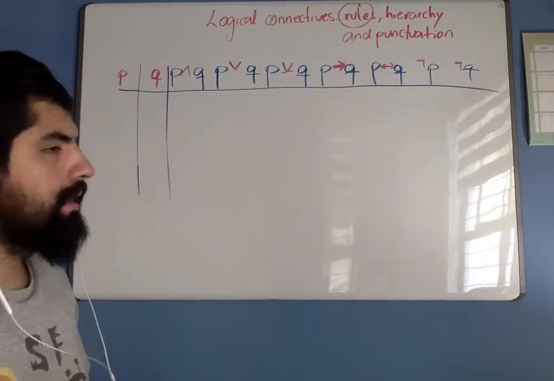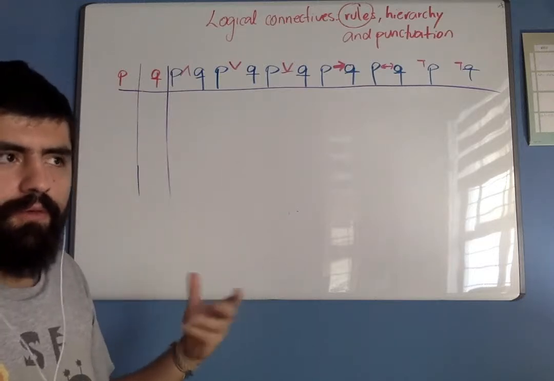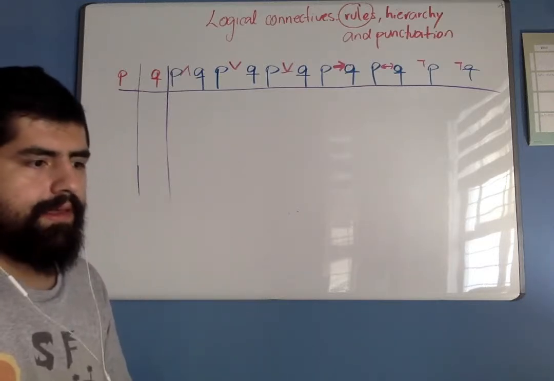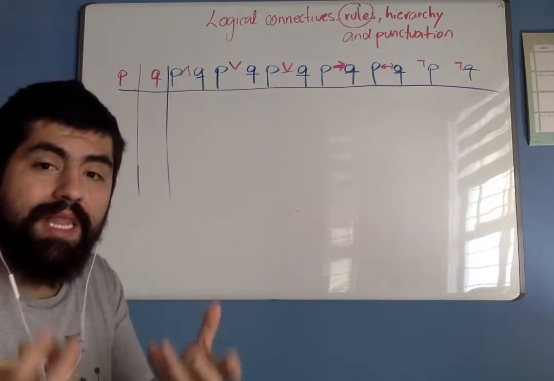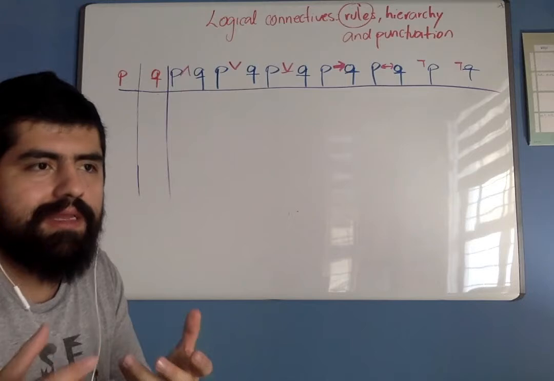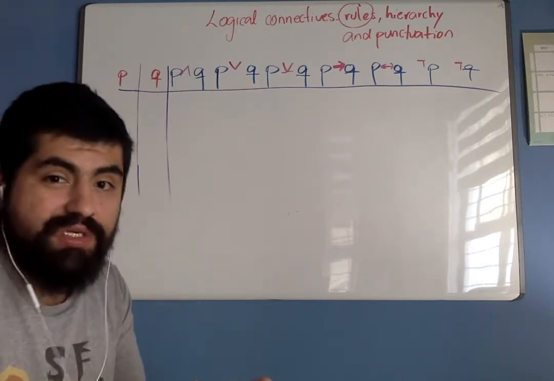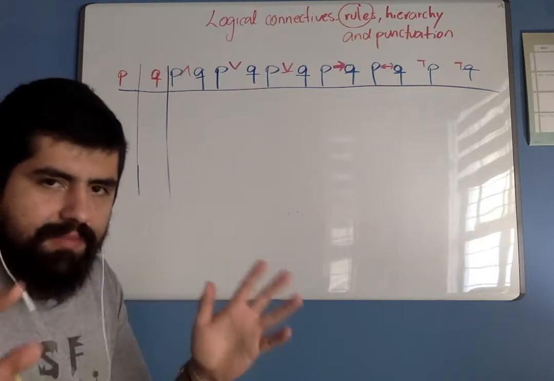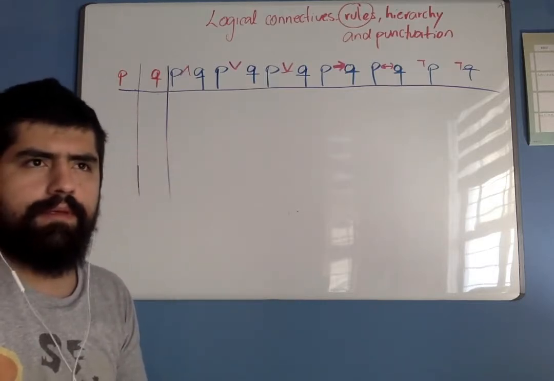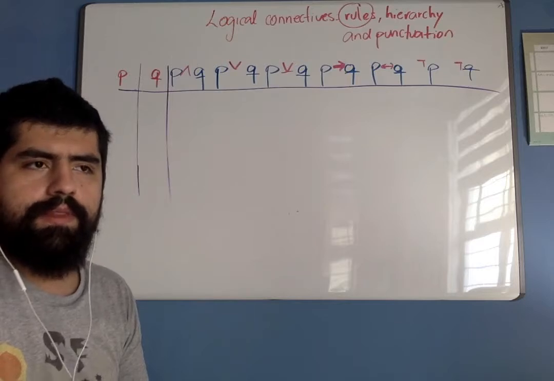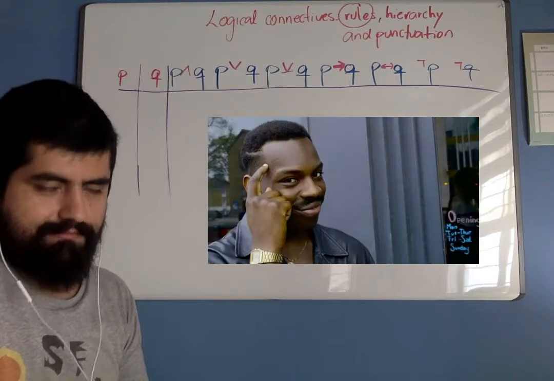Now, remember that these variables, in this case P and Q, represent a statement, a proposition. Remember that what we symbolize in symbolic logic, in a symbolic language, are propositions. So imagine that P stands for, I don't know, all logic students are smart.